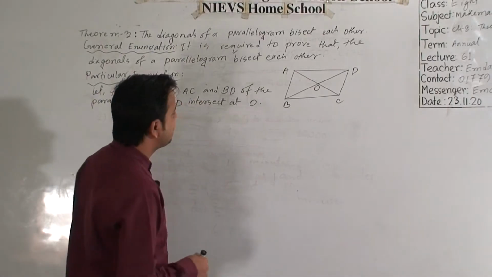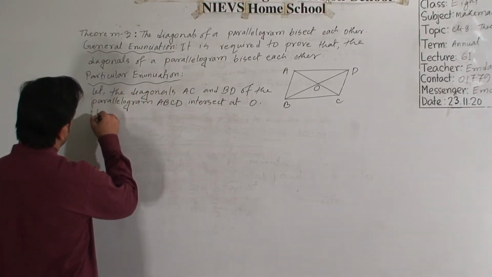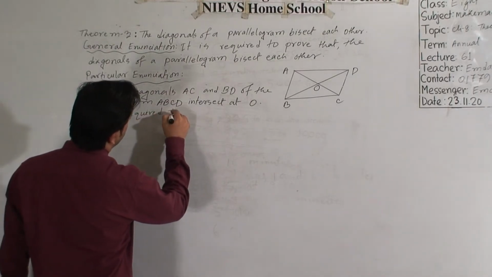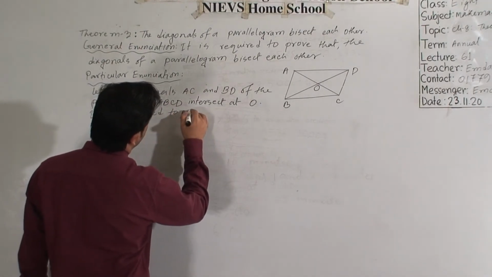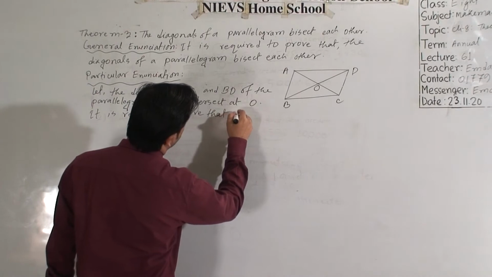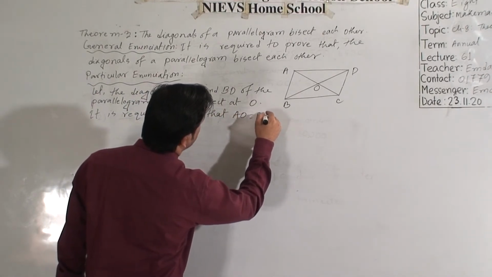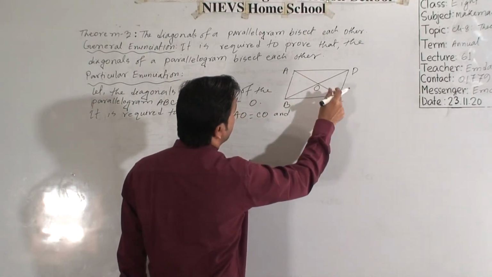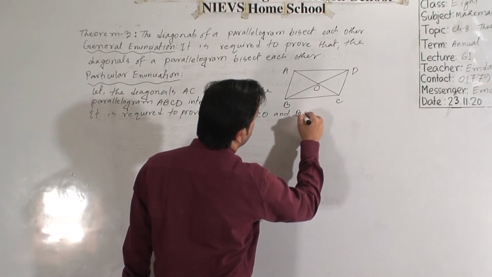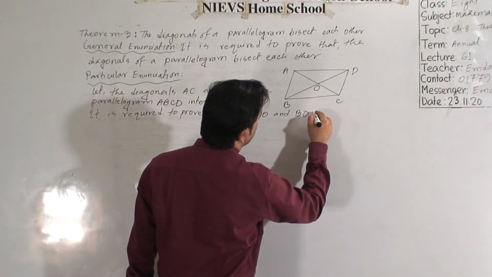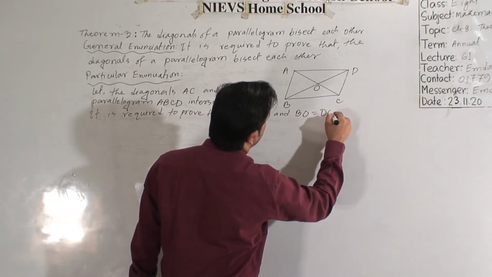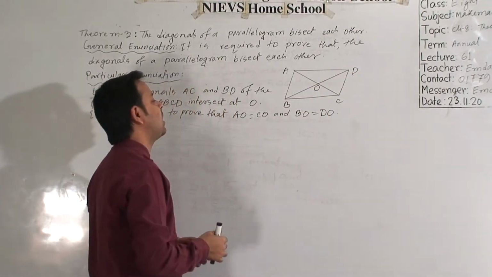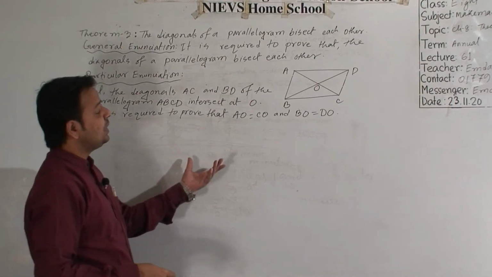So we need to prove that AO equal to CO and BO equal to DO. You can write AO equal to OC, BO equal to OD, in any way. Now this we need to prove.